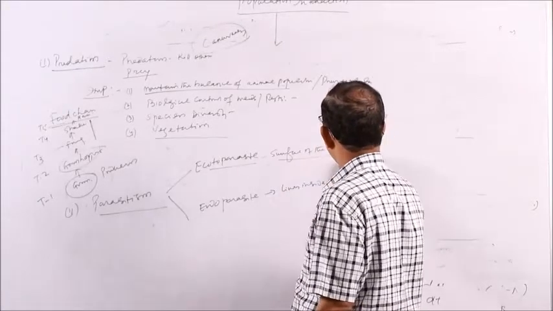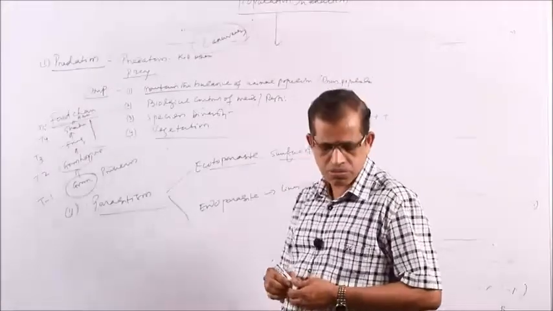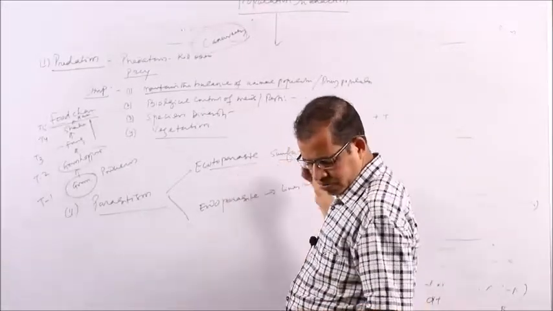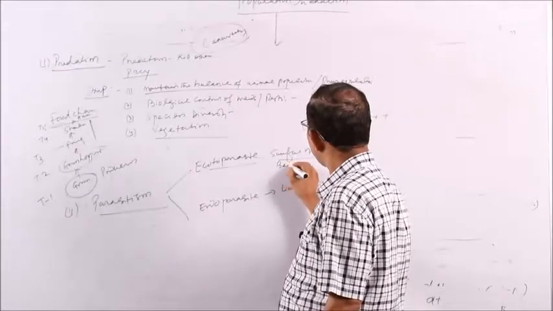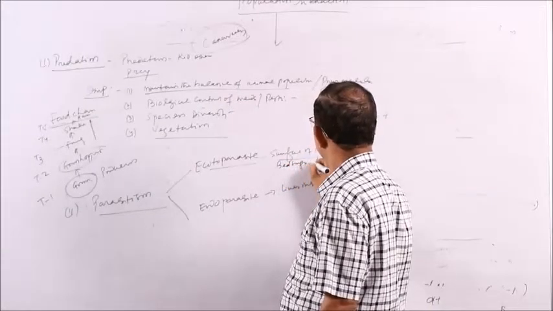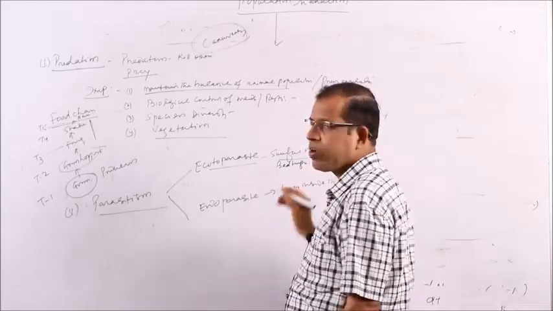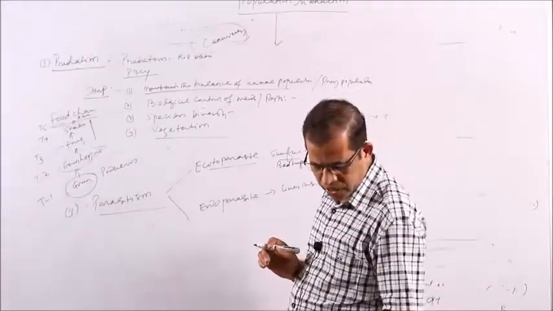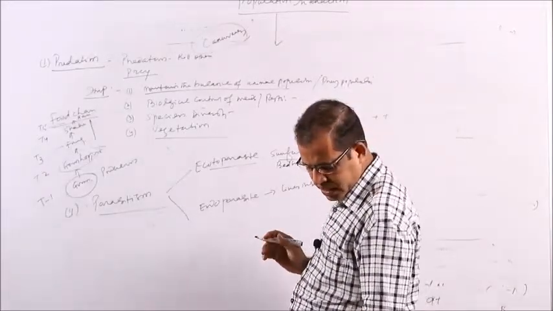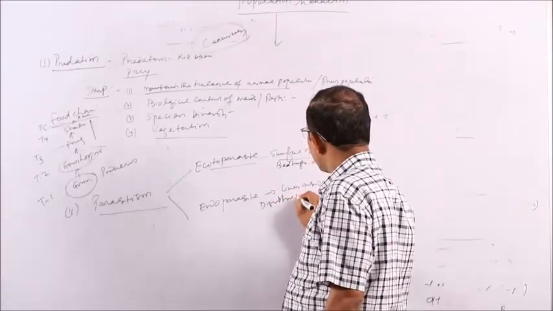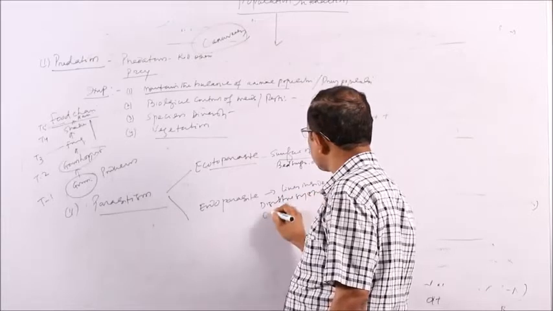If you take the example of ectoparasites, you will find bed bugs, leech, flies, they are the examples of ectoparasites. And endoparasites are found in the digestive system and circulatory systems.